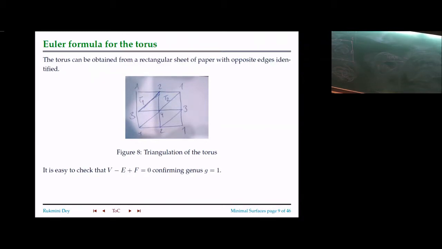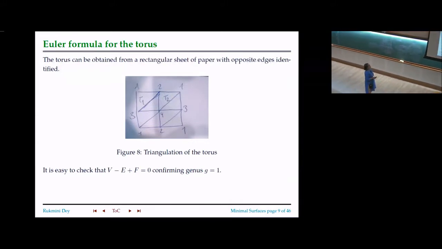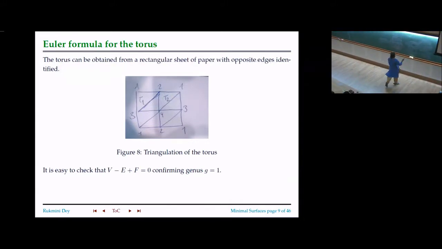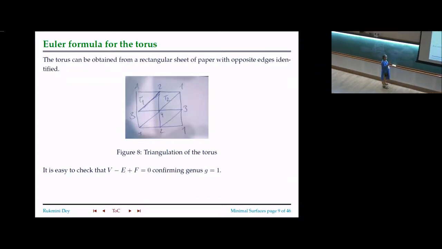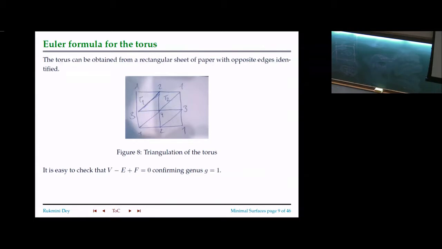But one over here, all the 4 points on the torus become just 1 point, right? And this one and this one is 1 and this one is this one. So how many vertices? 4, because there is one in the middle which has not been identified with anything. It's somewhere plump in the middle of the torus, okay?